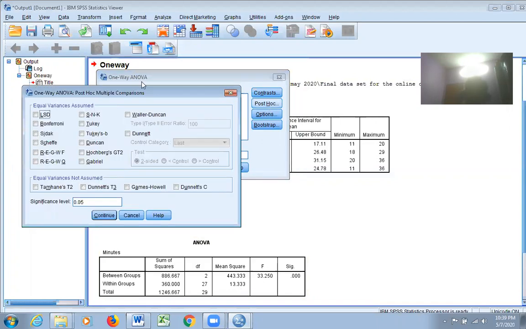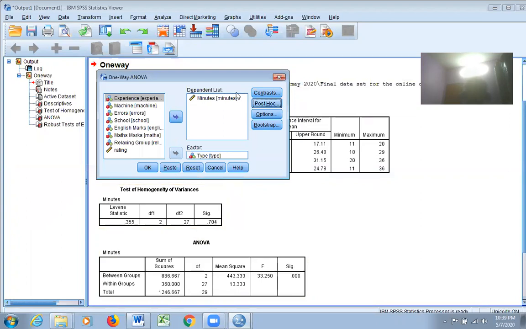In post hoc, many tests are there, and we know that the homogeneity of variance is assumed. So you can select any one from the first part of this box. The most widely used post hoc test is Tukey, Tukey HSD, honestly significant difference. So I have opted for Tukey. I click continue. Let all the remaining things be there as such.